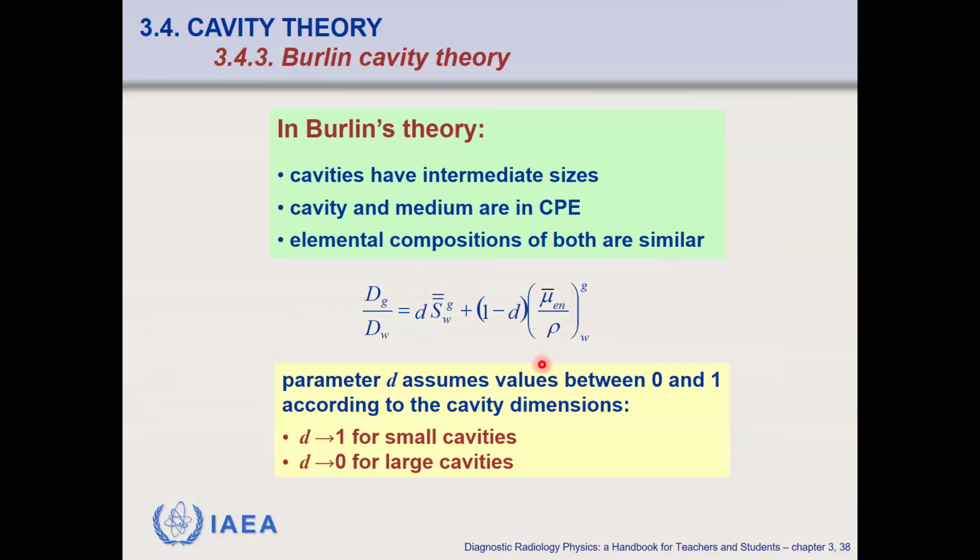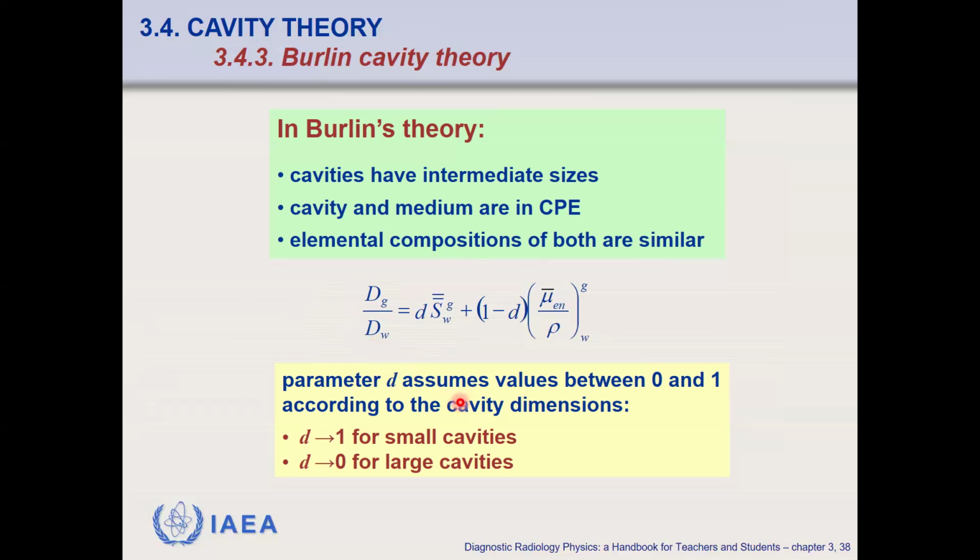Now we can see this equation in the Burlin cavity theory, Dm over Dw. What does this ratio equal? It depends on d. We have a parameter d here. d describes the ratio of the cavity size and the range of the secondary charged particles. It influences the relationship between the dose in the cavity and the dose in the surrounding medium.